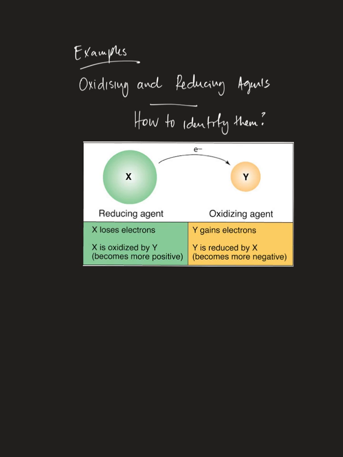Like in this one, for example, I know that my reducing agent, X, is going to lose electrons and is going to be oxidized by Y. So it will become more positive. My oxidizing agent gains electrons, and by gaining electrons, Y is reduced by X, and it becomes more negative.